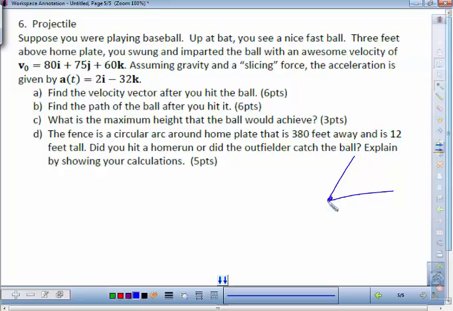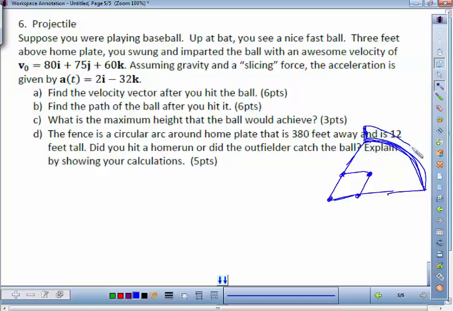So this is your home plate. Then you have first base, third base, second base. That's the infield, and the outfield's a long way away. You got a little circular fence out there.